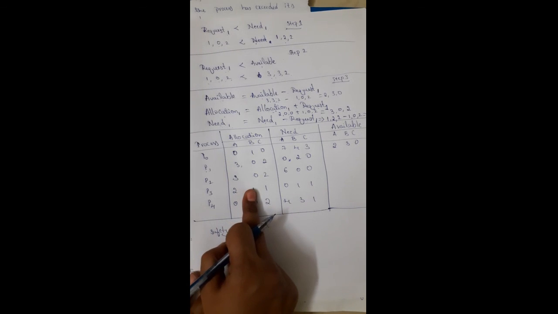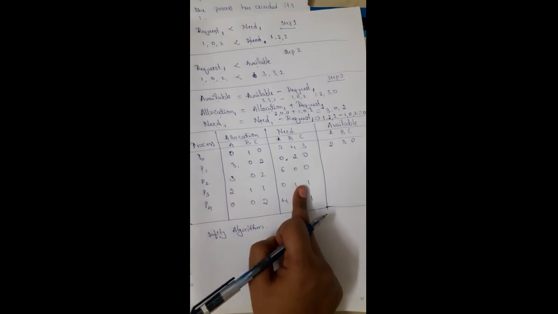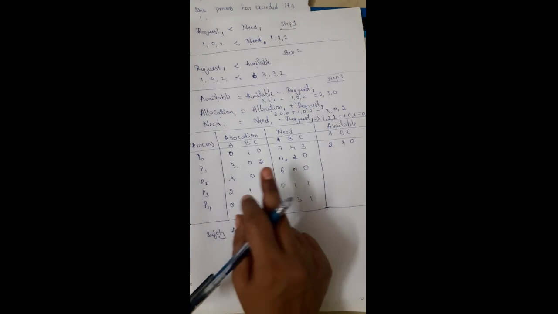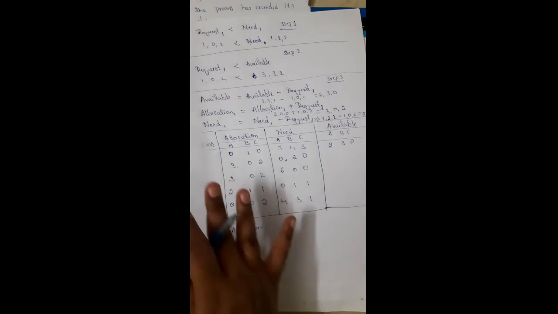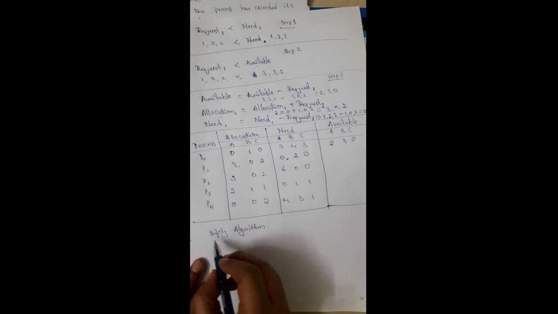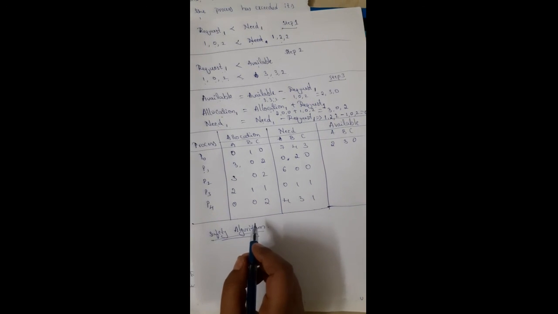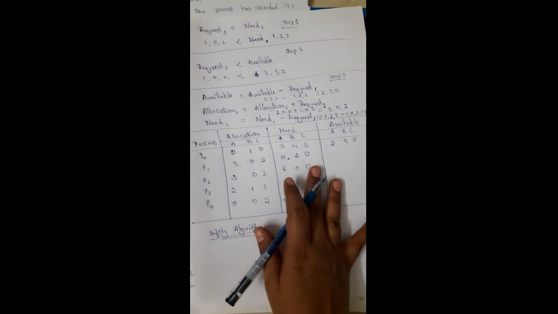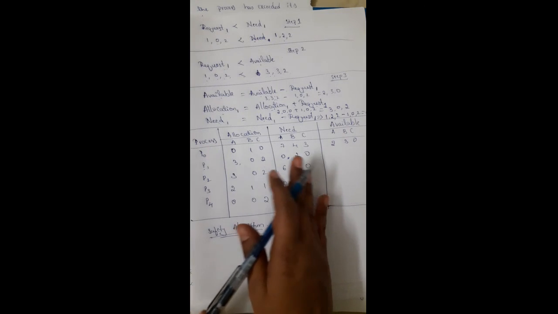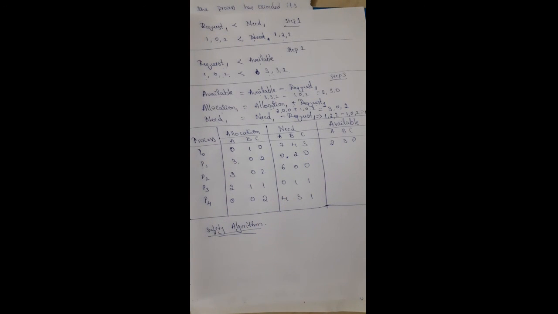So we have the allocation column, need column, available column, and max, as when we ran the safety algorithm initially. With this whole new data, run the safety algorithm again and find the safe sequence, following all the steps in the same way. Okay, so you run and check it out.